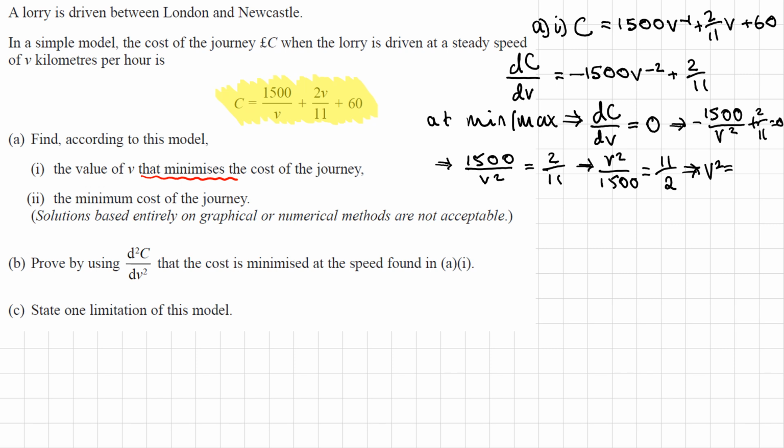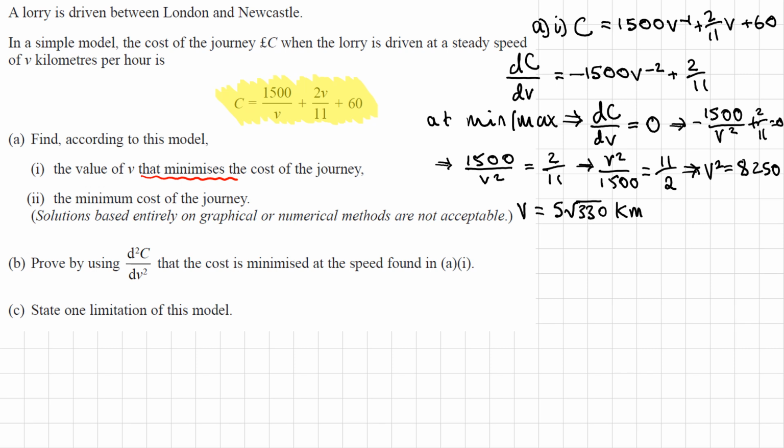and that gives us a value of 8250. And then V is a speed, it'll just be the positive square root of that. So square root of that number will give us 5 root 330. Okay, I guess we could give the speed like that. It's kilometers per hour.